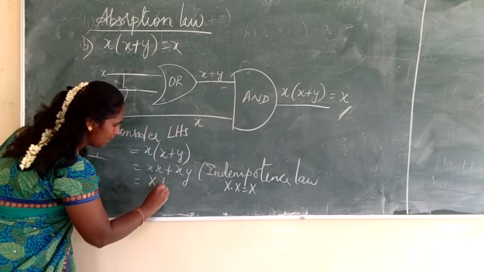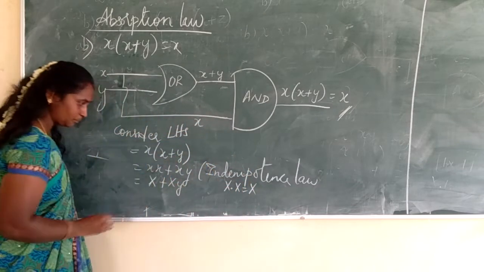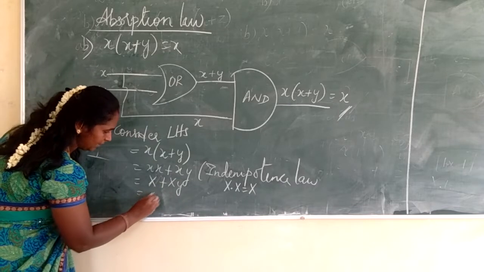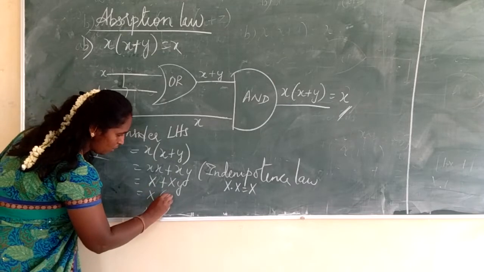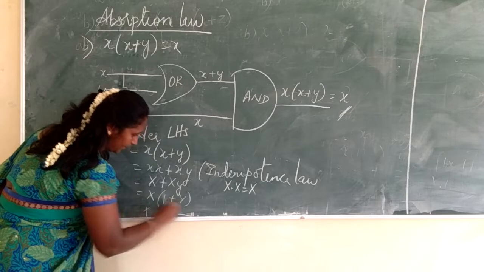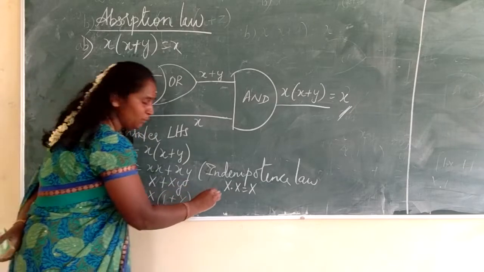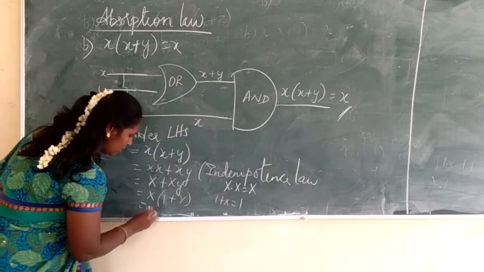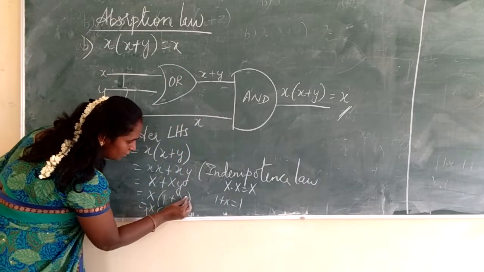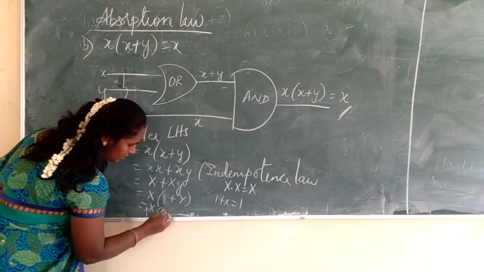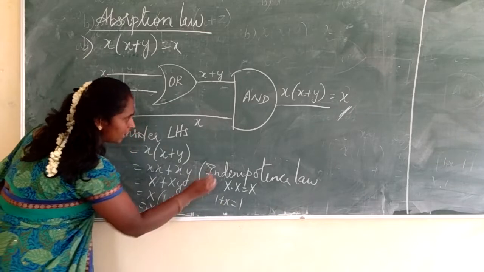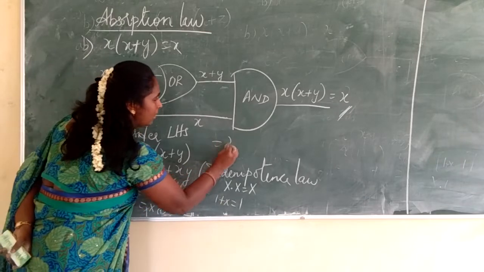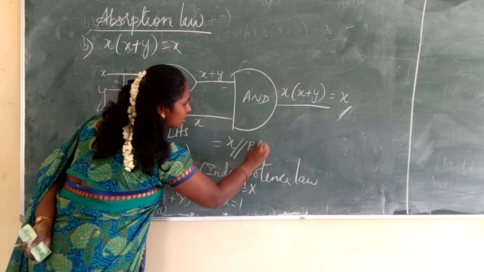So x plus xy. In this, the common term is x. Now 1 plus y, again using the property that 1 plus x is equal to 1, so x into 1, which is equal to x. So your RHS is proved.